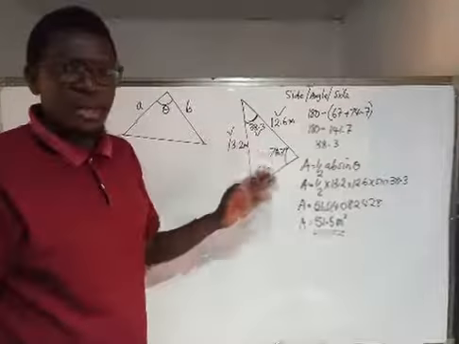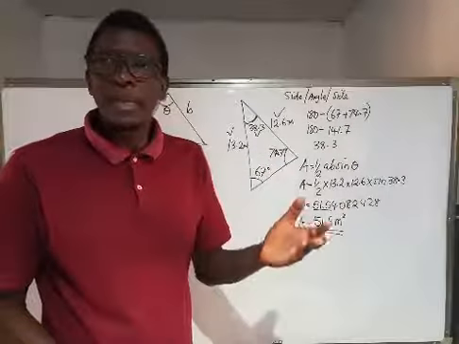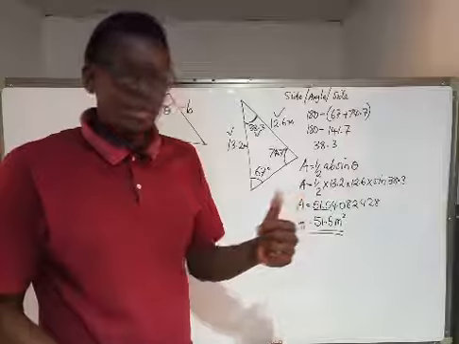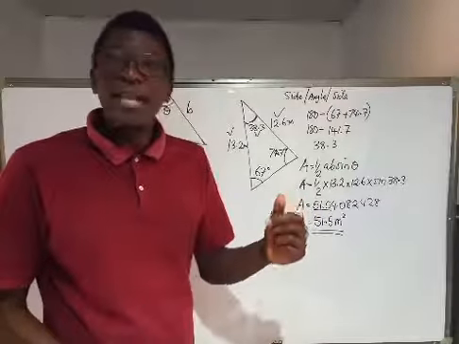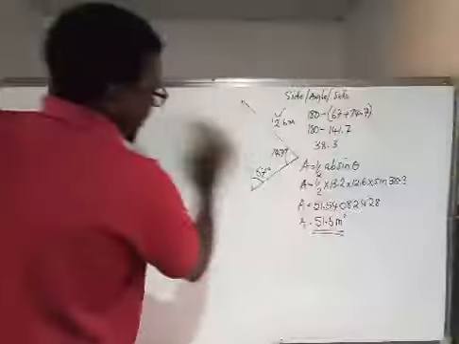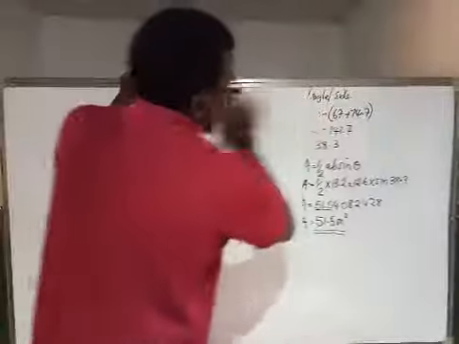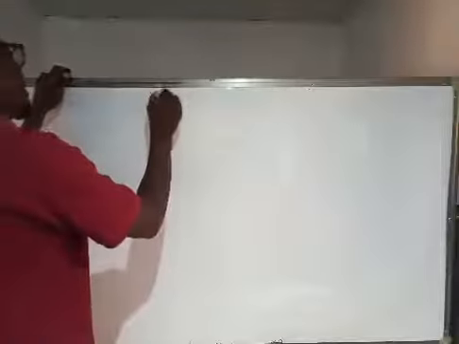Once you know how to deal with sine rule, cosine rule, and area, there's another part that is critical that you need to know: shortest distance.